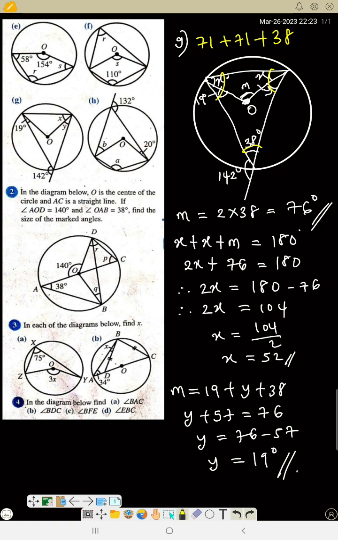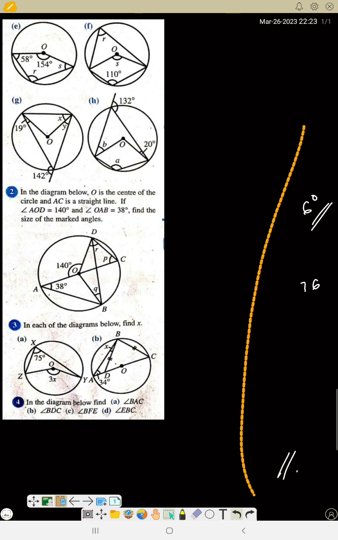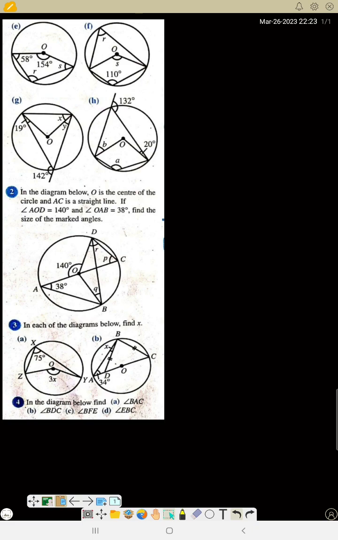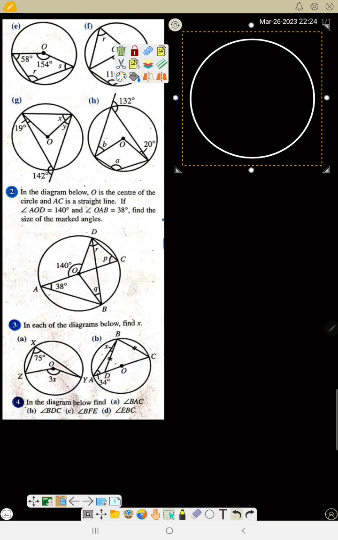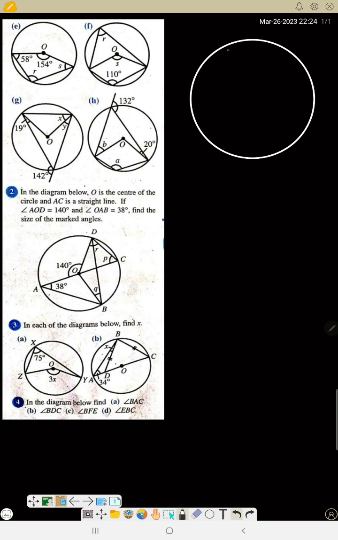So now the next one. So we have this center.